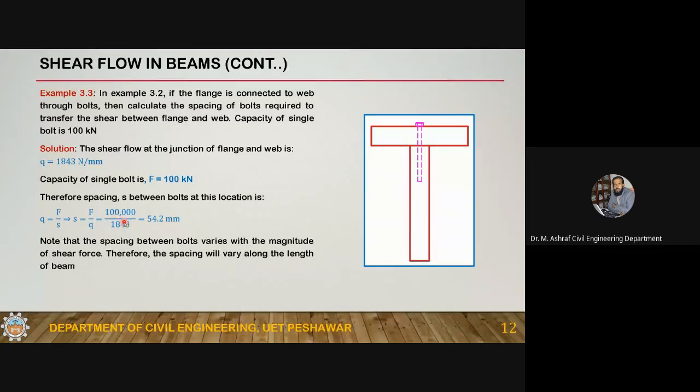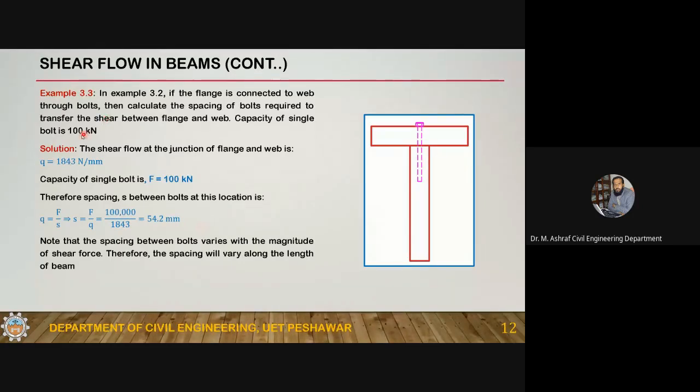F is 100,000 divided by 1843, so you will get 54.2 millimeter. So the spacing of these bolts should be around 2 inches. So you will have to apply the spacing at this.